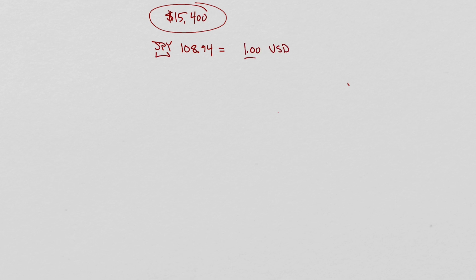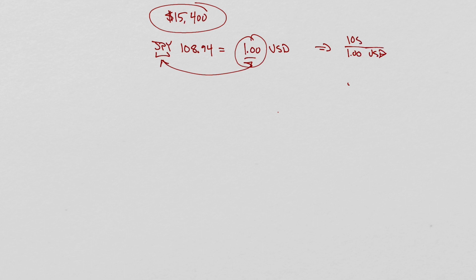When you have a relationship like this, the number that's a one, we usually like to put on the denominator because it makes the math easier. And then the currency that's not written in a one, we'll put in the numerator.